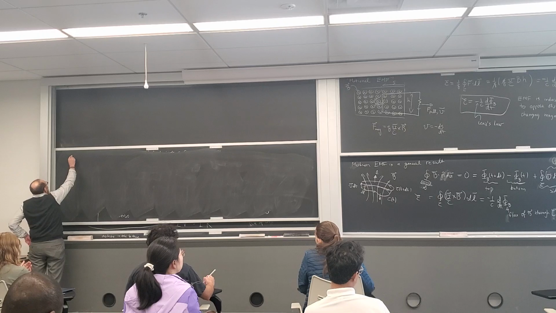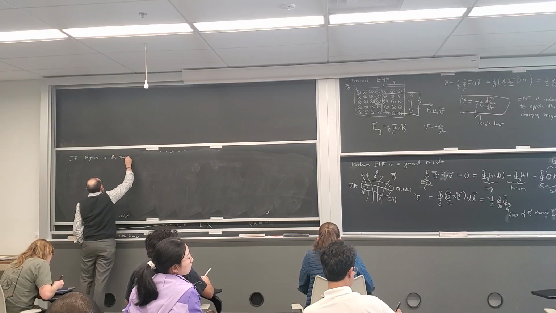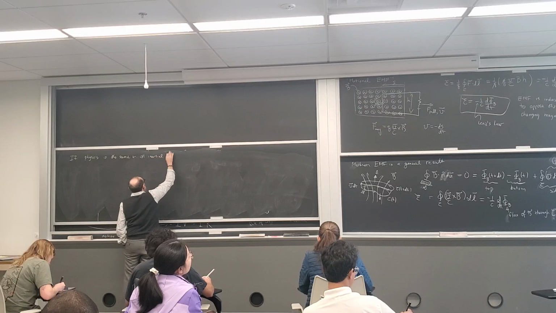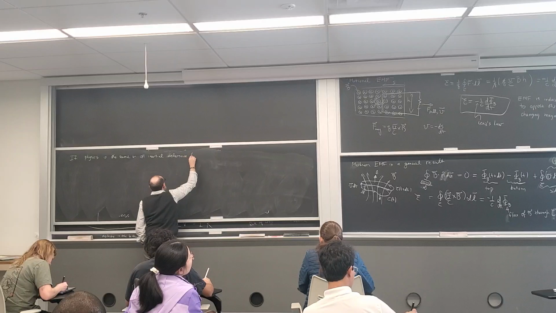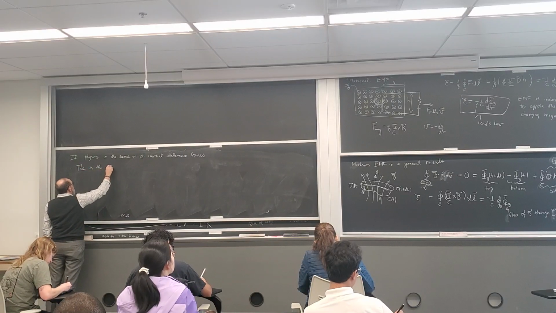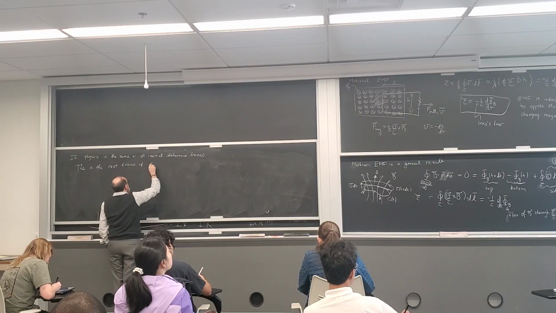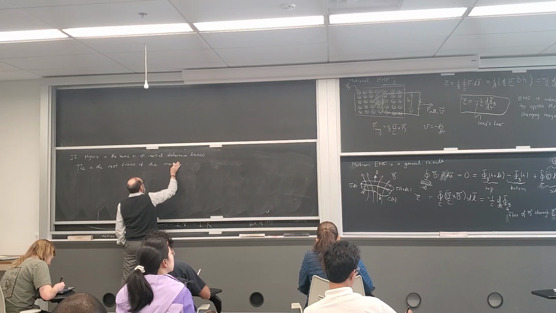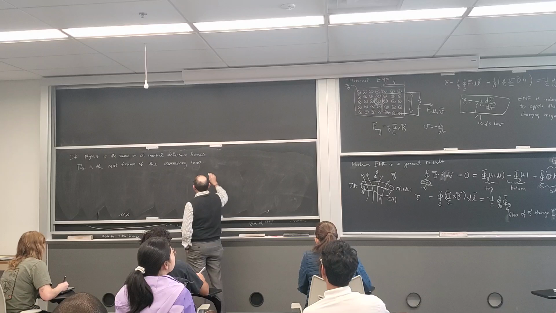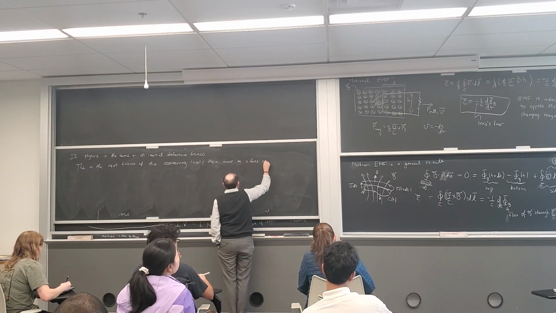So, if physics is the same in all inertial reference frames, then in the rest frame of the moving, of the co-moving, I'll call it, loop, there must be a force on the electrons.